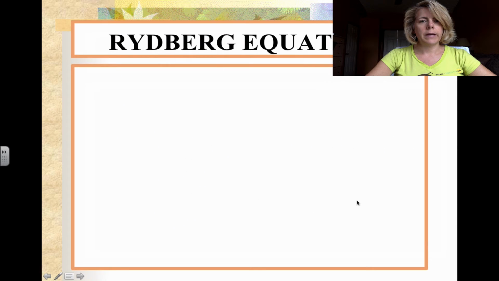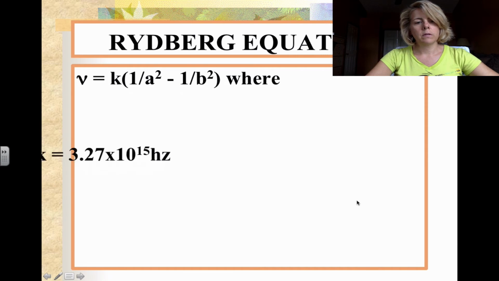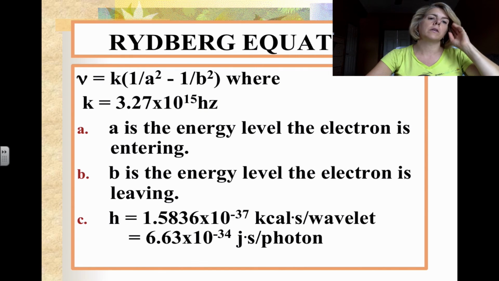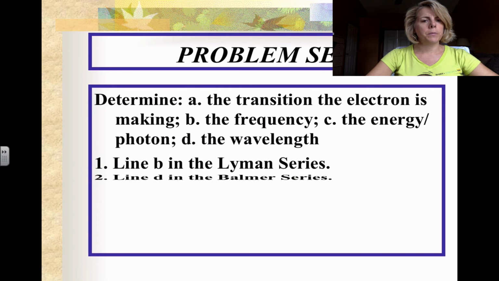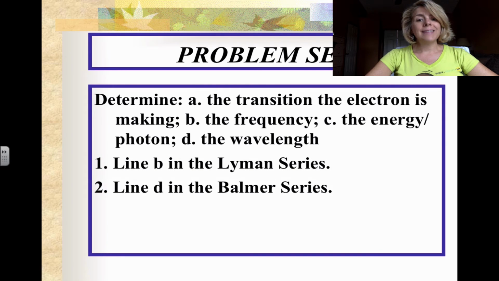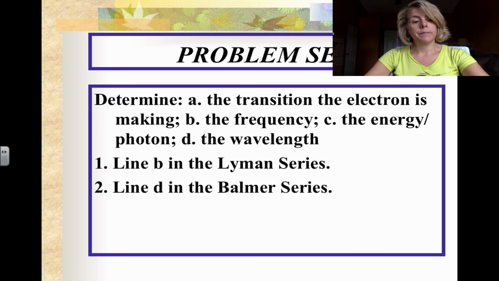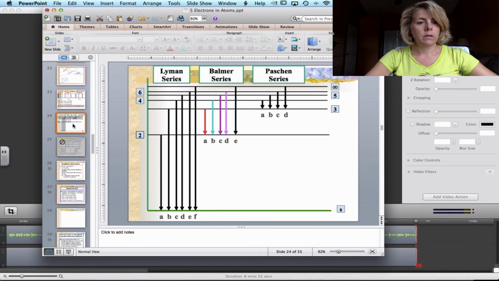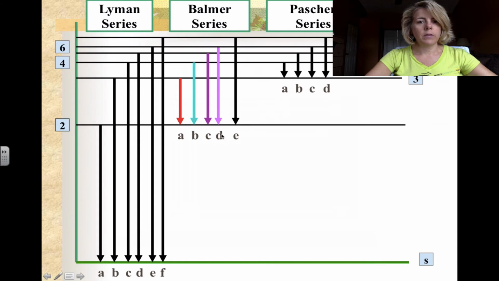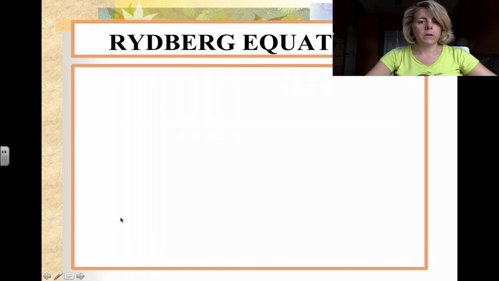All right, let's go back. Sorry, I have to go through my screen here again. Okay, that was the first problem. Here's the second one. Line D in the Balmer series. Okay, so I'm going to take you back to the Balmer series. Okay, here's the Balmer series.